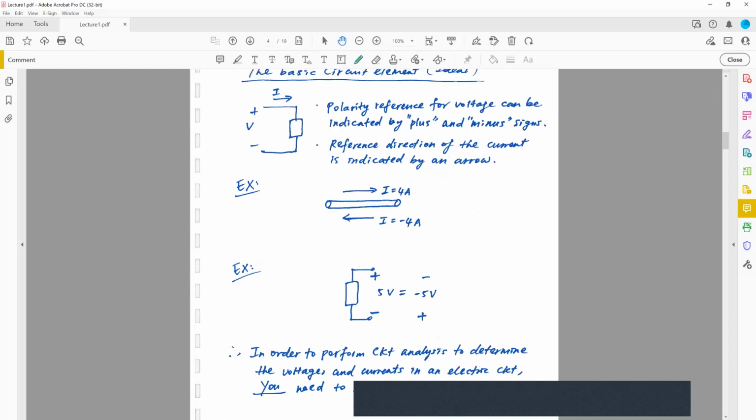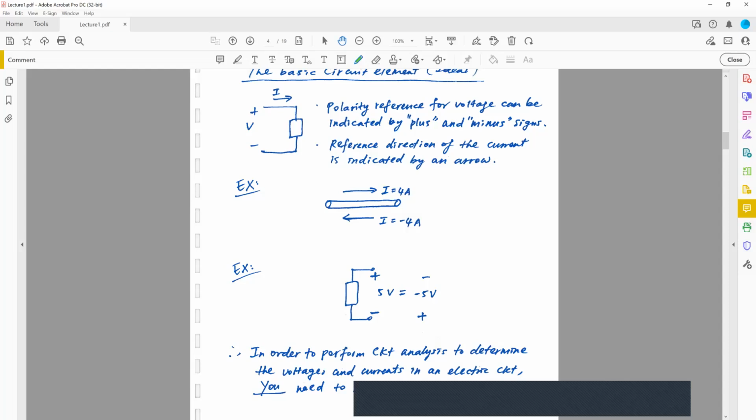In the context of voltage, suppose I have some element here, a simple resistor as an example. If the voltage drop across these two terminals is equal to 5 volts, then I can reverse the polarity associated with these two terminals. If I put a negative here and a positive here, then all I have to do is change the sign of this voltage.